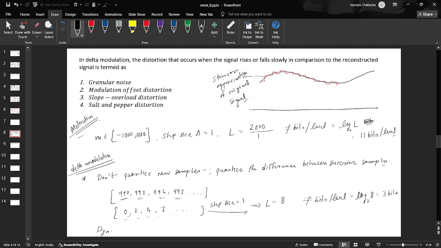It uses this principle: the dynamic range of the difference of successive samples is orders of magnitude lower than their raw sample value counterpart.